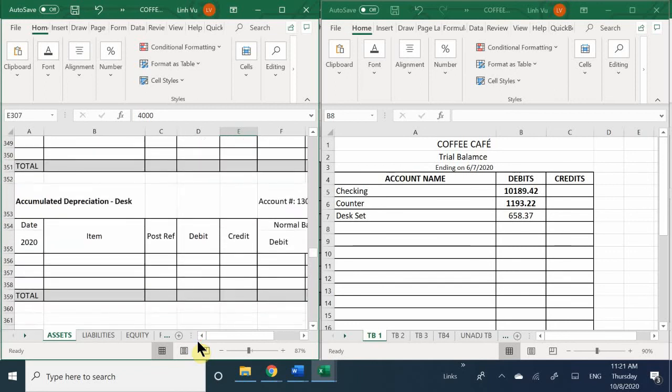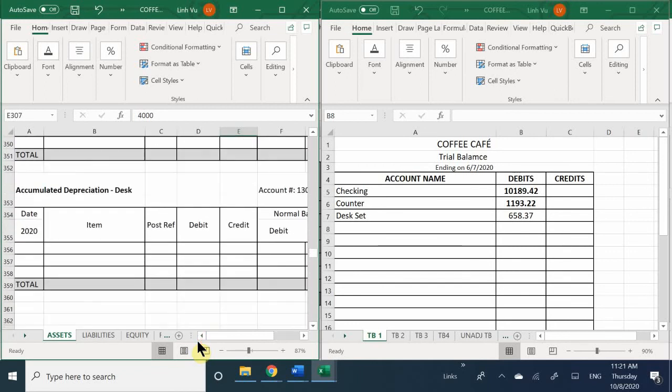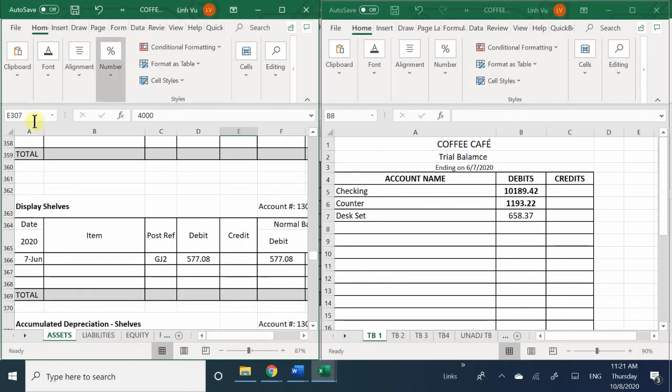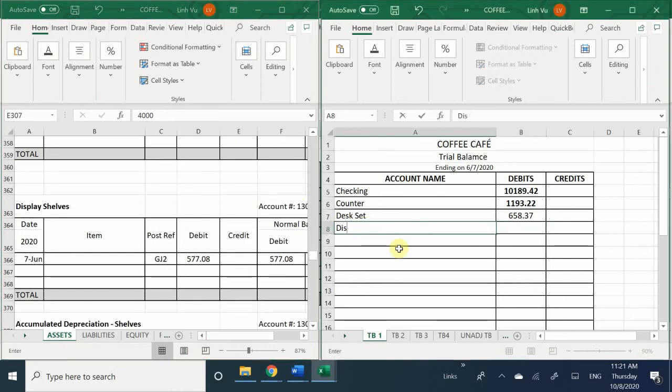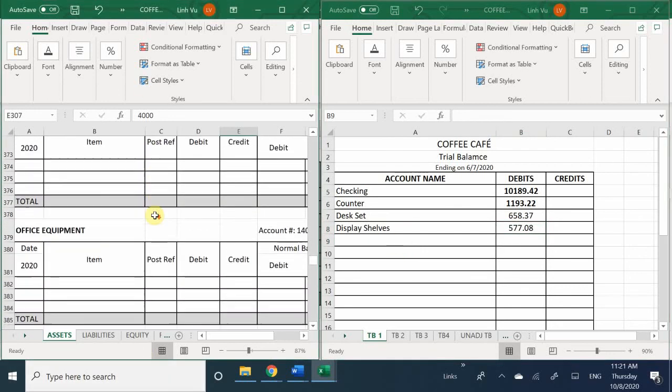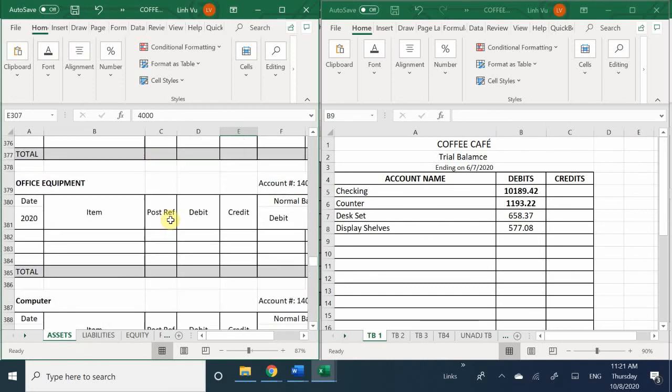Okay. All right. So after the desk set, do we have display shelves? Yes, we do. All right. For what amount? 577.08. All right. What's the next thing that you see? Do we have office equipment?